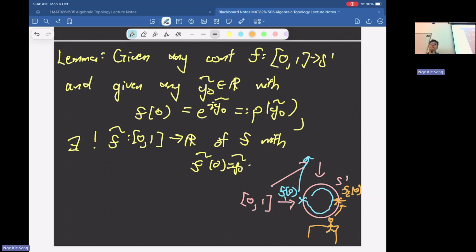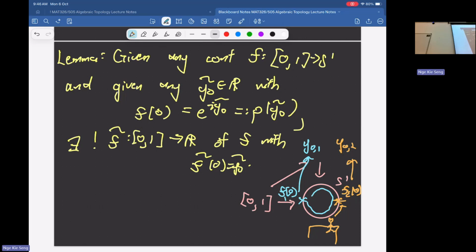So our pre-images are different. Also every 1 round, 3 rounds, but if you start at a different place, you have a different lift already. But the point here is this lift has to be unique.